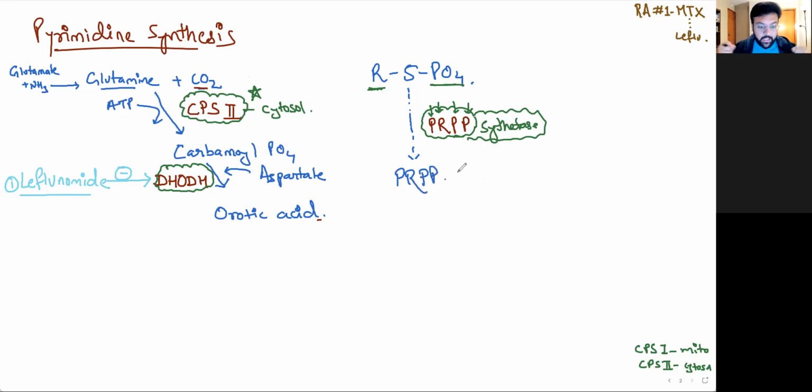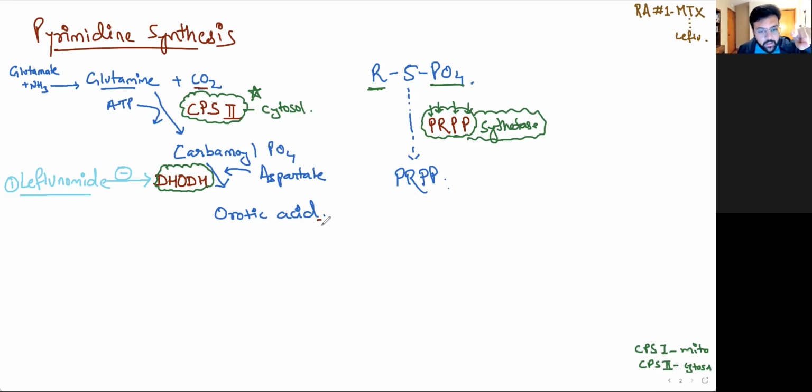Keep writing, keep on track. Now tell me, what is PRPP? Out of the three things I talked about, is it a phosphate, a nucleotide, a sugar, or a nitrogenous base? Sugar. Yes, thank you. It's the sugar.